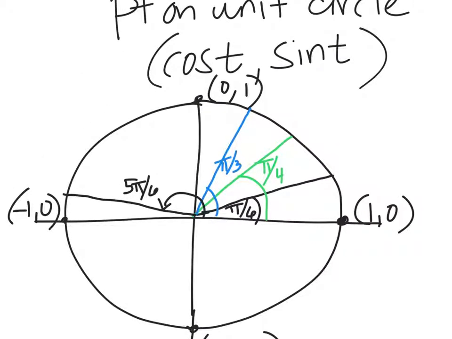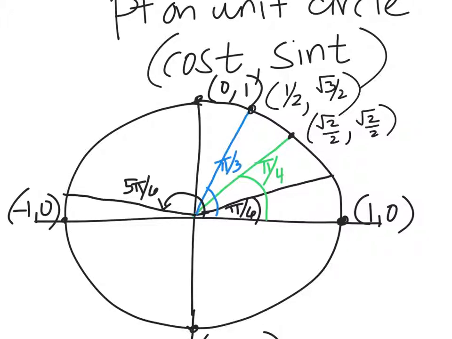At pi over 3 on this unit circle, you use your 30, 60, 90 triangles to find these numbers. So right here, x is 1/2 and y is rad 3 over 2. At pi over 4, that's the point rad 2 over 2, rad 2 over 2.